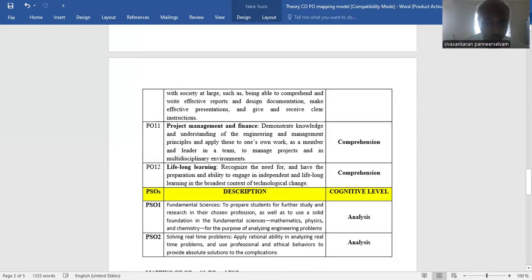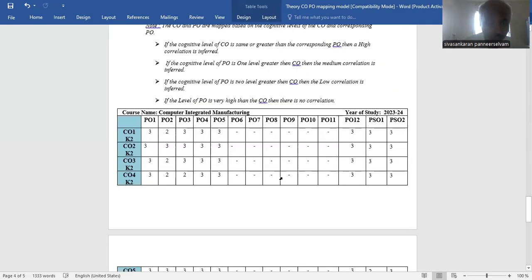So CO2 with PO1. PO1 is about engineering knowledge. Yes, CO2 has a strong, high correlation with PO1, so 3 is awarded for CO2 with PO1.